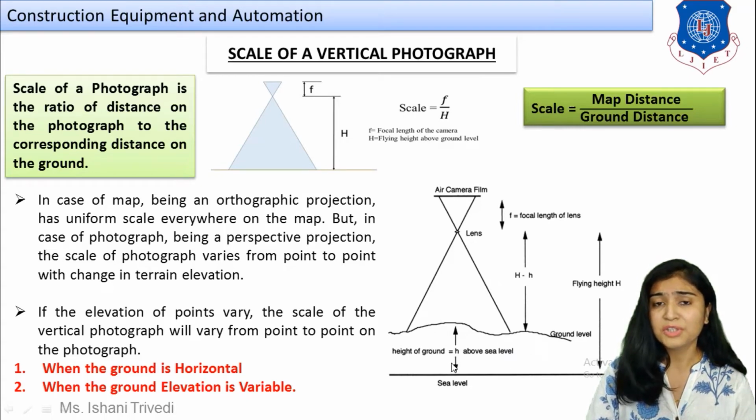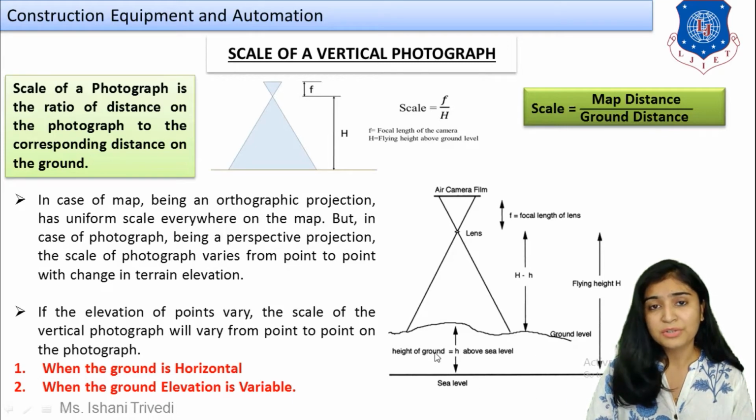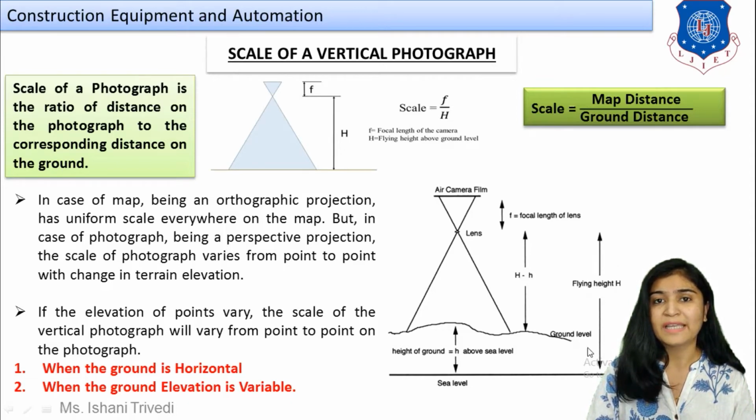So the reference which we are going to take will be the mean sea level, or you can say any datum which you are considering. So you are going to subtract the elevated ground height from the total flying height above the mean sea level.